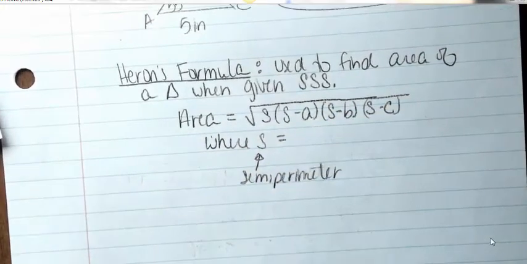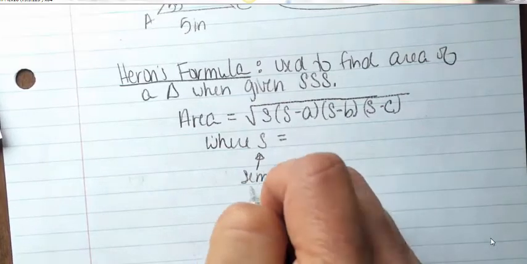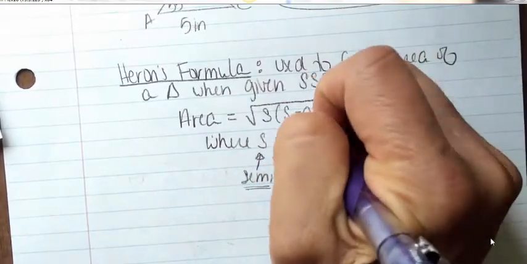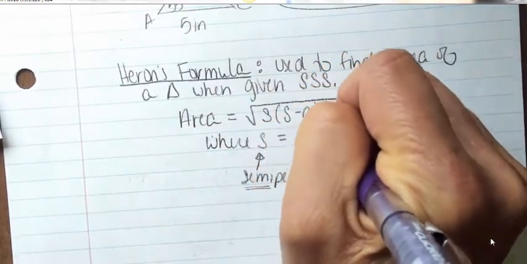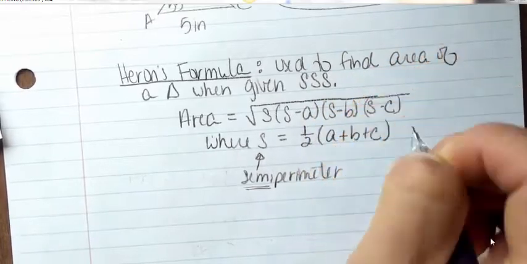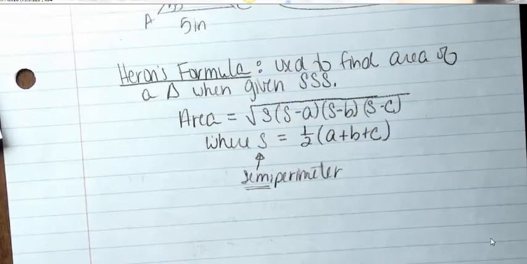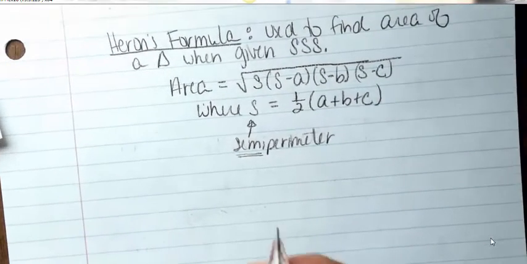It's half of the perimeter, hence semi-perimeter. So it's half of all three sides added together. I think the hardest thing about these is just remembering them. Once you know them, then they're really easy to use.